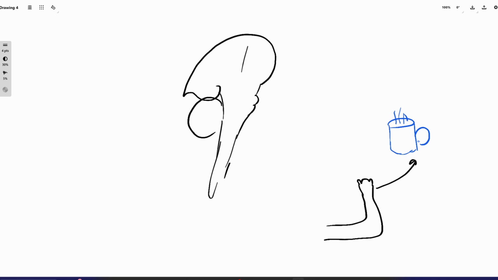The cerebellum should make sure that your hand goes exactly to this cup of coffee, and it should not overshoot. There should not be excess movement, and there should not be under-movement. There should be precise movement.